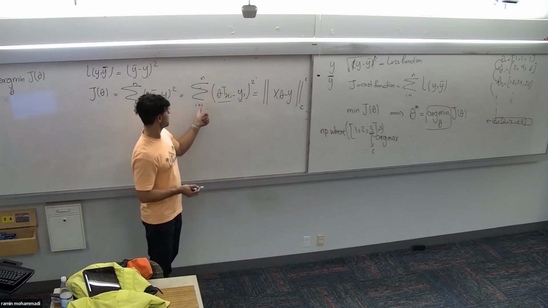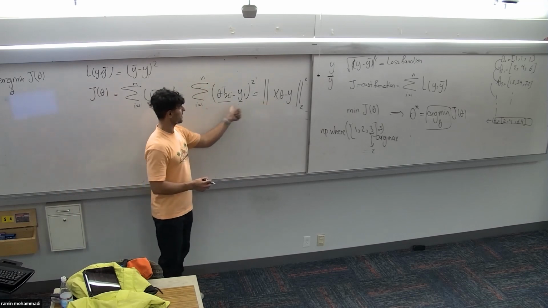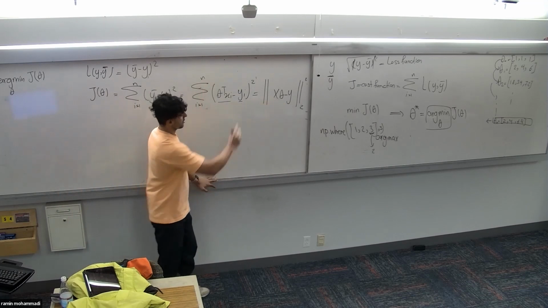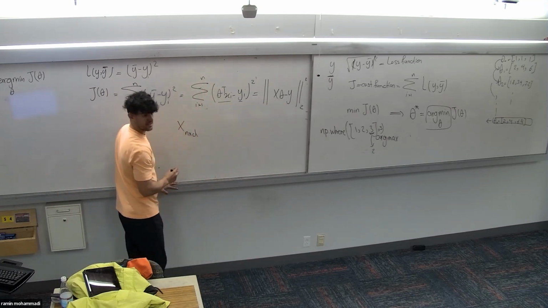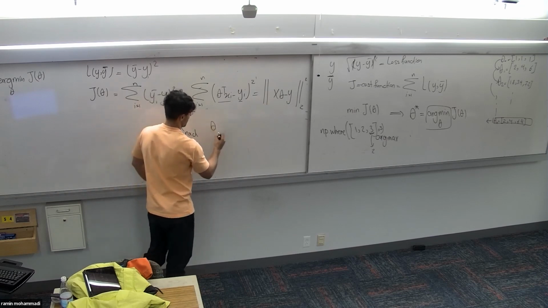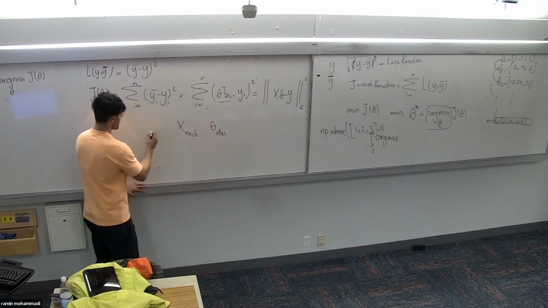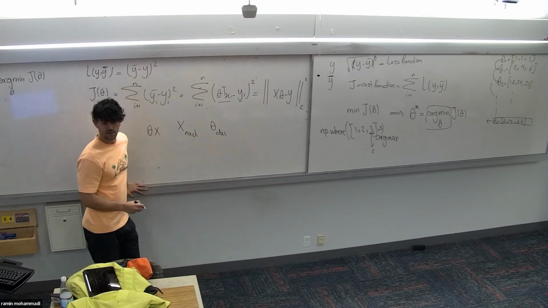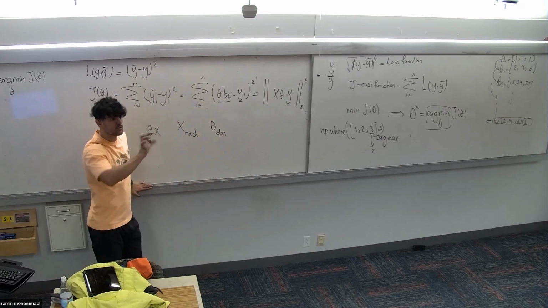Think about the dimension. How many data points do I have? N. How many errors should I get? N. Right? So x is n by d, and theta is d by 1. If you say theta times x, it doesn't add up, right? I told you, you would learn when to decide which side to put the vectors or matrices.